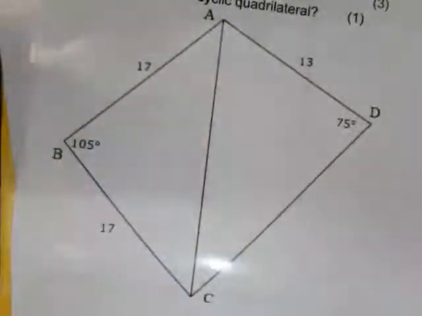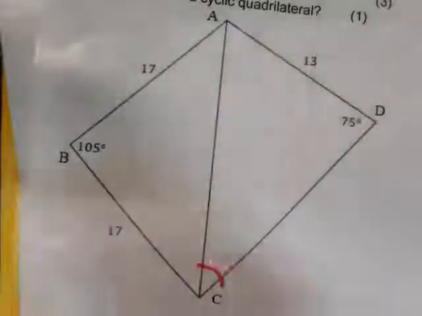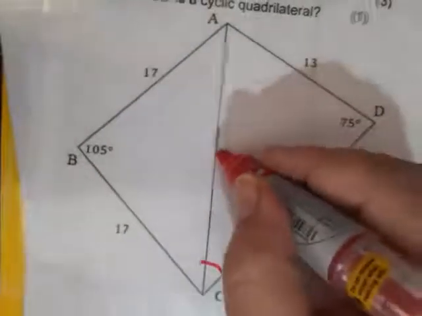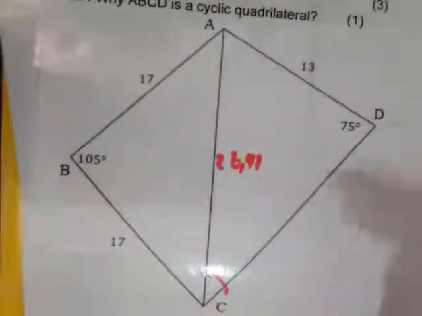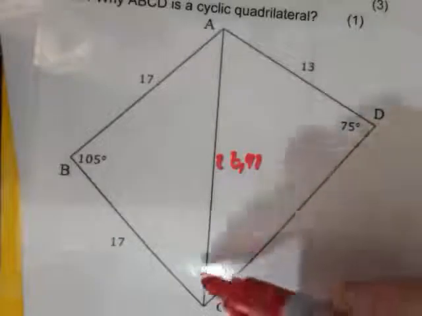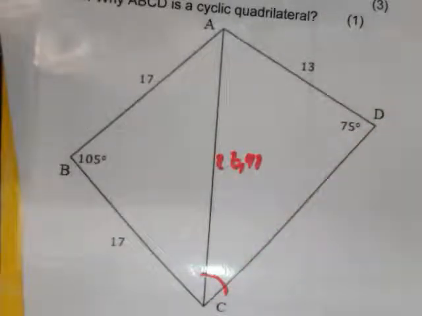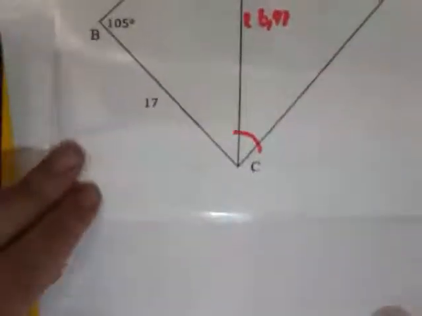Okay, so how will we do that? So we now know this side is 26.97. So we have a side opposite this angle. We've got that side opposite this unknown angle, which means we will use the sin rule. Okay, so the sin rule.